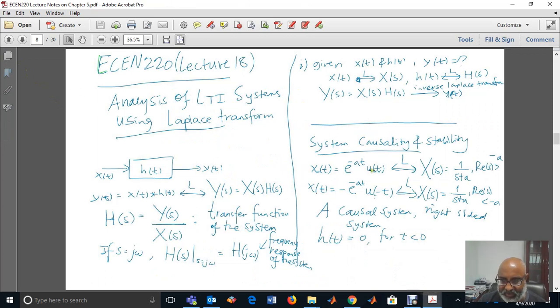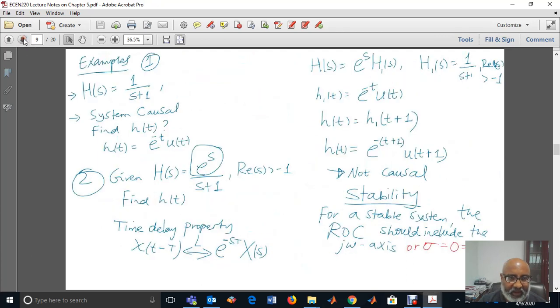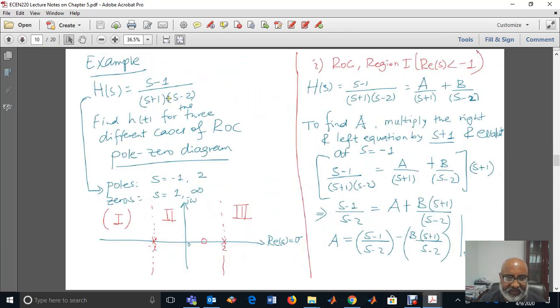Yes, this is, as we said, the right and left sided signal. Let's see this example now. We have this h of s, s minus 1 over s plus 1 times s minus 2. Find h of t for the three different cases of region of convergence.